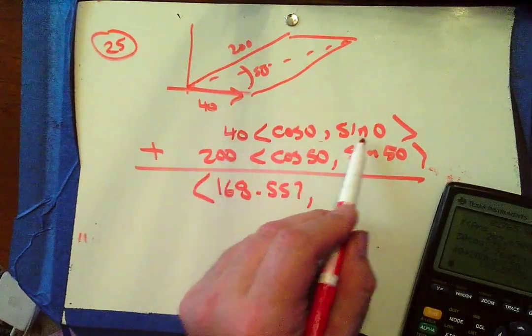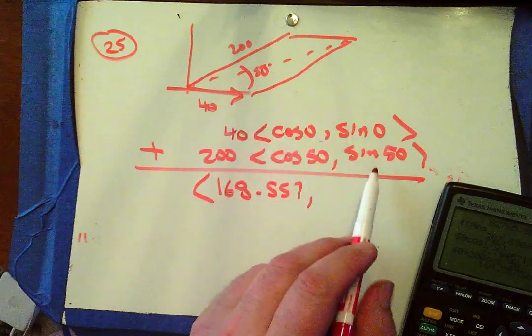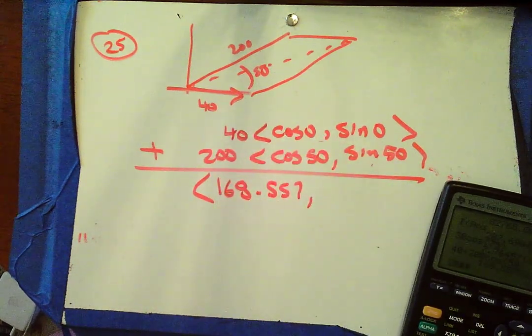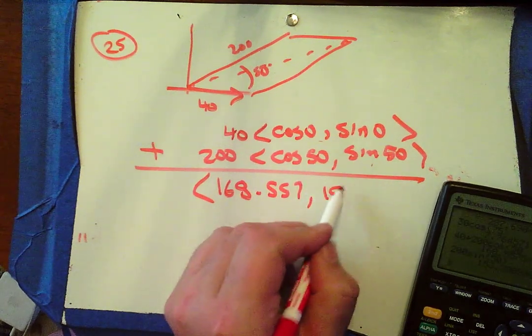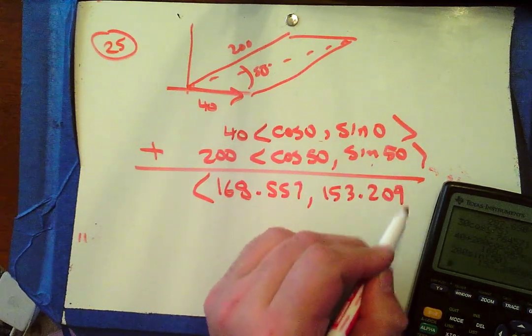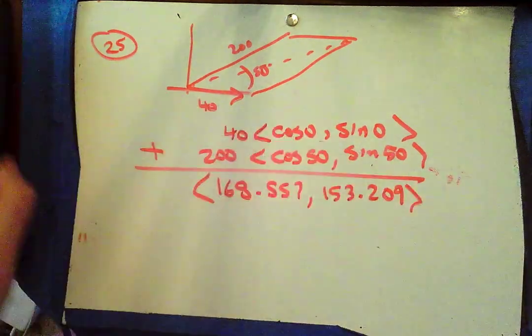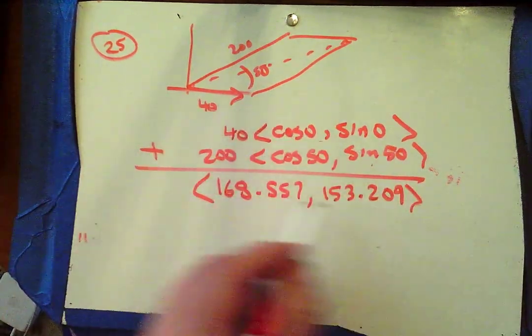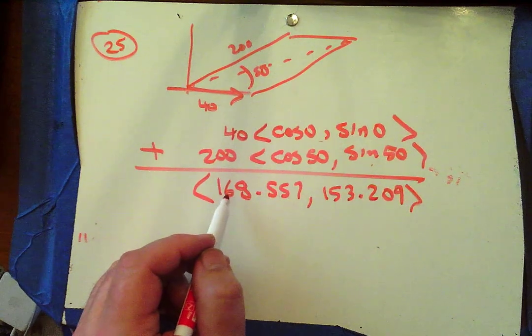And then here sine of 0 is 0, so I just have 200 sine of 50, which is 153.209. Okay, now that's our component form.